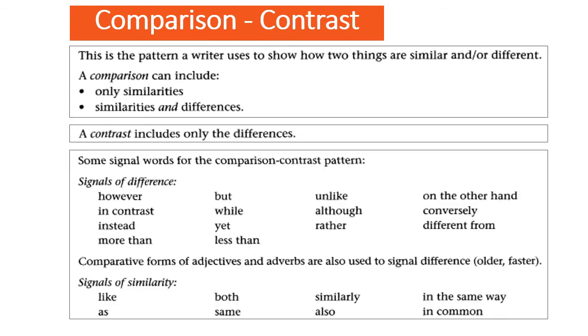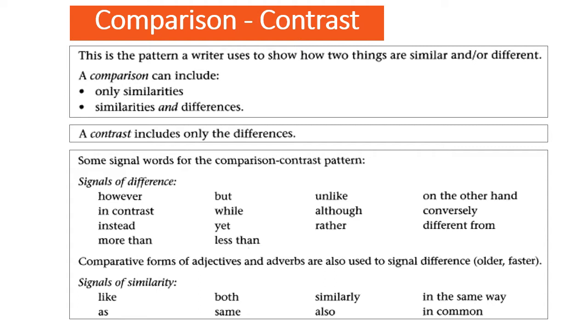And here I have some list of signal words for comparison and contrast pattern. Start from the signals for difference. Here we have however, but, unlike, on the other hand, in contrast, while, although, conversely, instead, yet, rather, different from, more than, and less than.